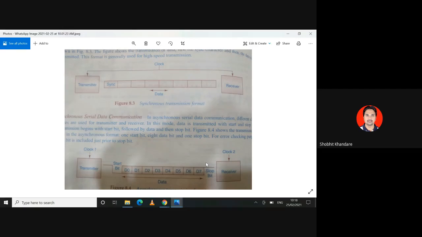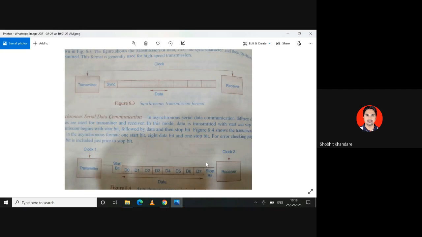Just write down the definition of a baud rate. The rate at which the bits are transmitted, in brackets, bits per second, bracket close, is called baud or transfer rate.